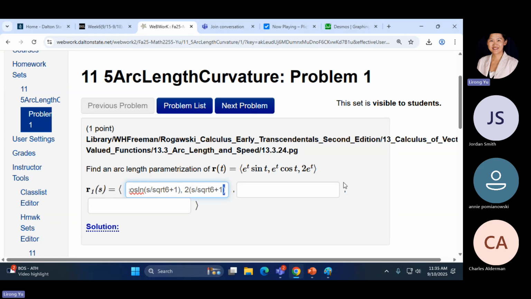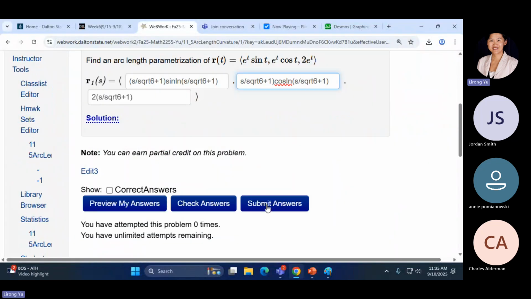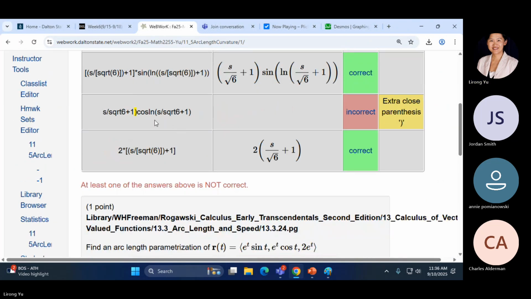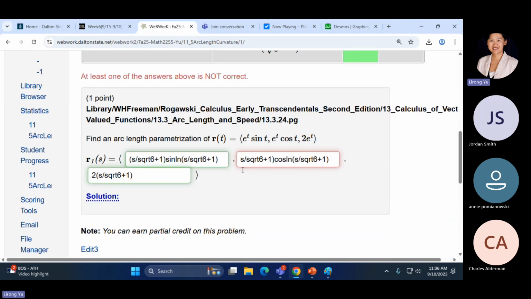Oh, I put them all in the same spots. Separate spots. That's the e to the t, 2 times e to the t, and that comma, we already have a comma. Okay, let's see if we submit there. Had one too many.